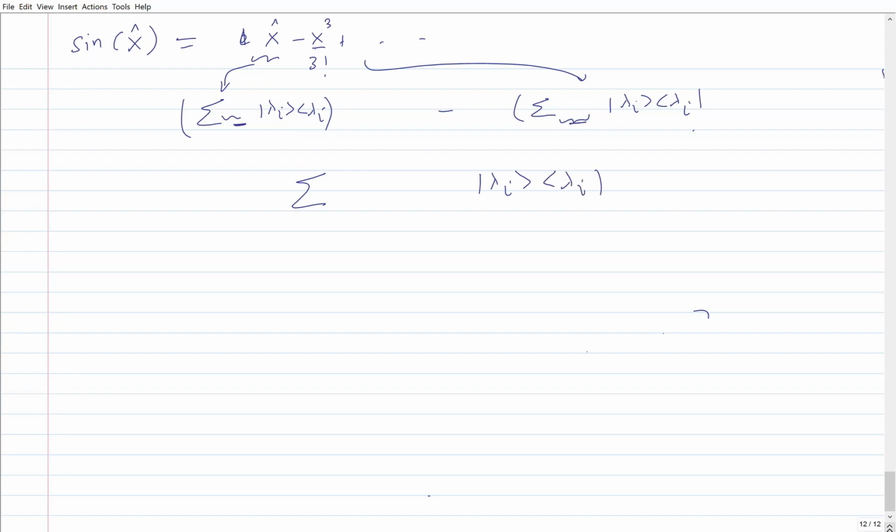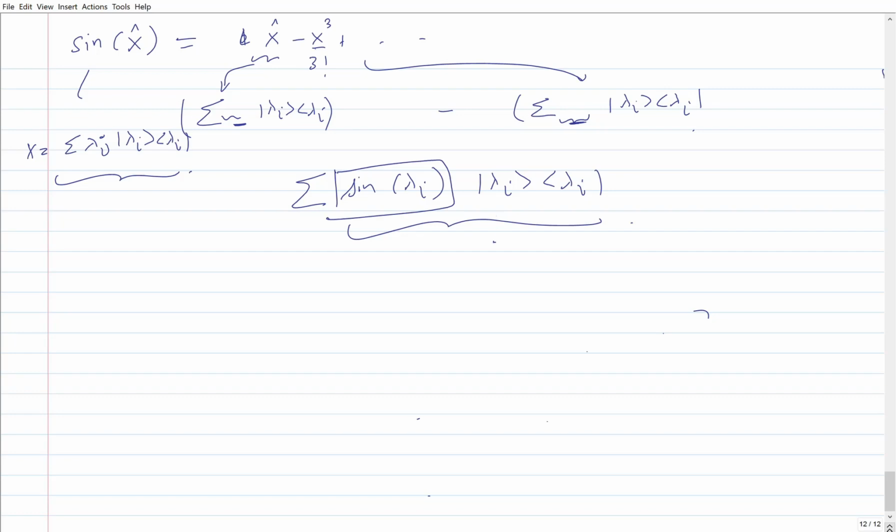What's going to remain, collecting all these terms, is going to be the sine of the eigenvalues over here, where of course x was... So this is sort of an important, useful trick we are going to have. The function of an operator turns into the function of the eigenvalues of the parent operator times the same eigenvectors.